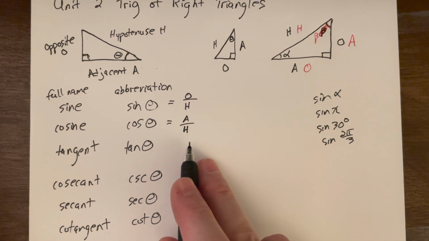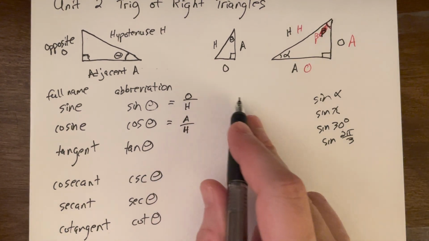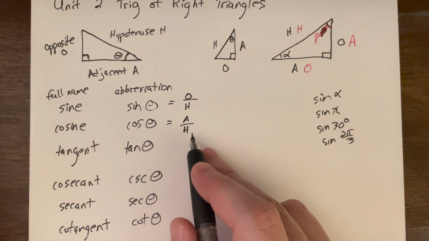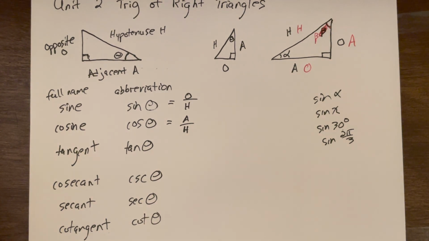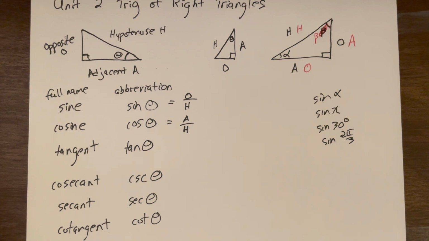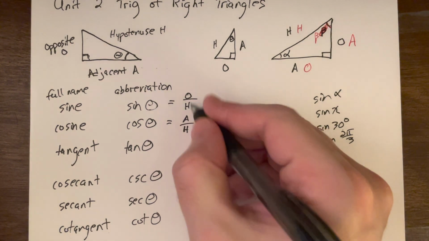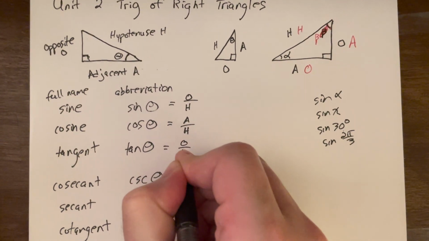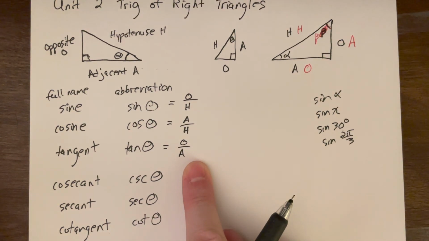For some people, part of memorization is that if you write it all out, that'll help you memorize it as a fact. In this class, you'll always be able to refer back to your charts, but thinking about moving forward, if you have a physics class that follows, you're probably going to have to memorize some of these values, so writing it out is a good memorization technique. But the abbreviations when you're ready. Tangent is opposite over adjacent.